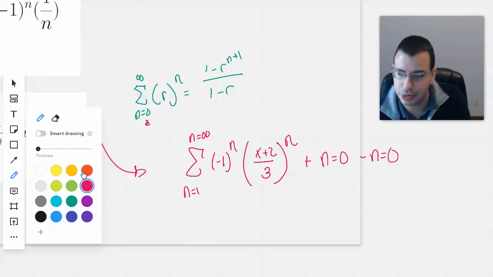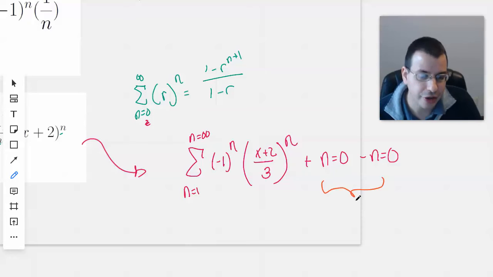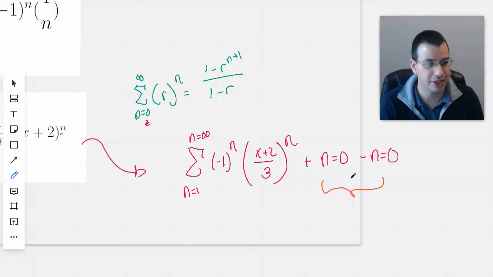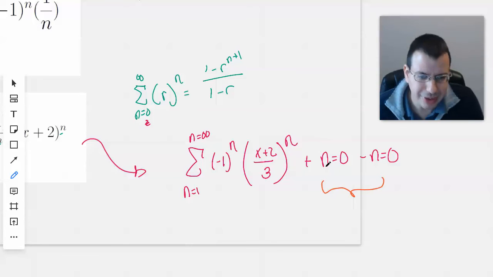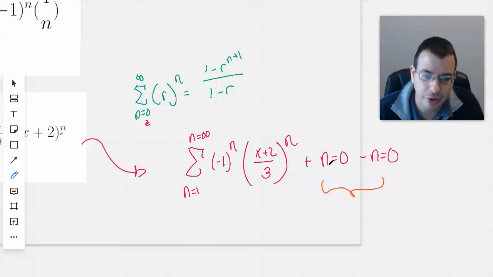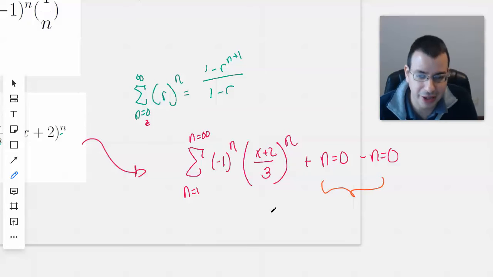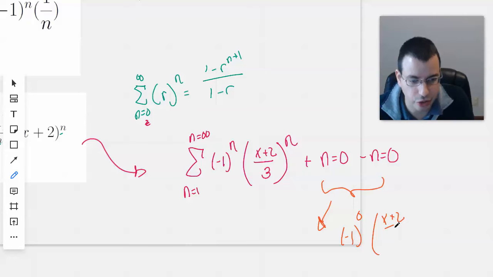So there's two things you can pretty much always do in math. You can always add 0, and you can always multiply by 1. So what we're doing here is adding 0, because we're adding one number and then we're taking it away. I know this is terrible notation. You'll get over it. So if n equals 0, this will be -1 to the 0 times x plus 2 over 3 to the 0.